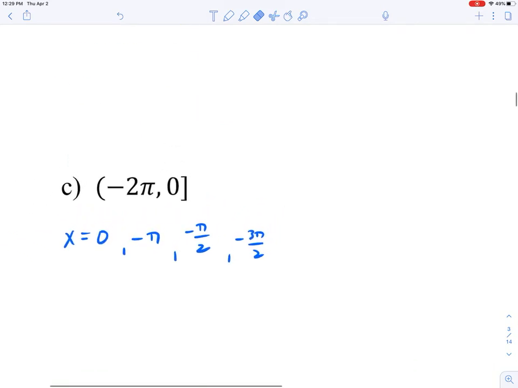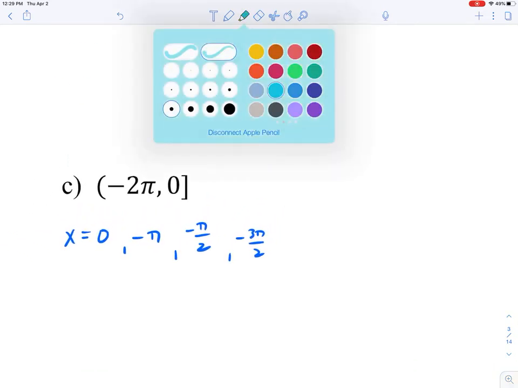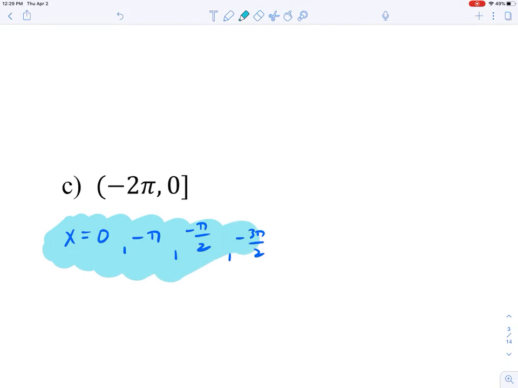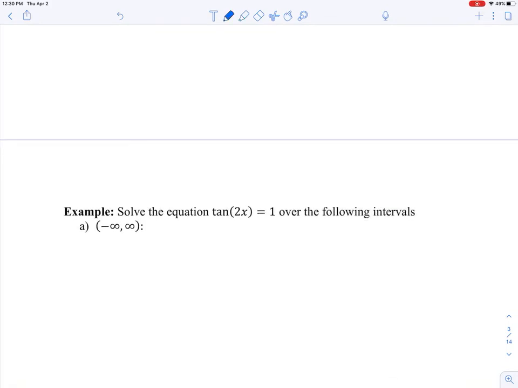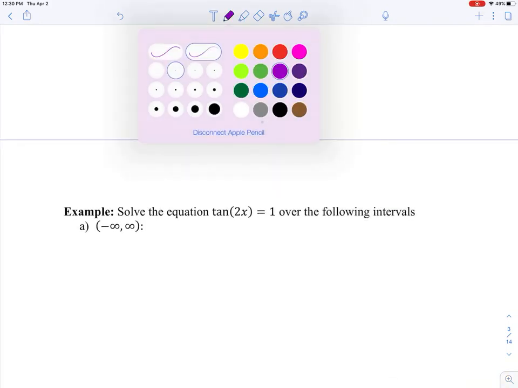So these would be my solutions to that equation over the interval from negative 2 pi to 0.